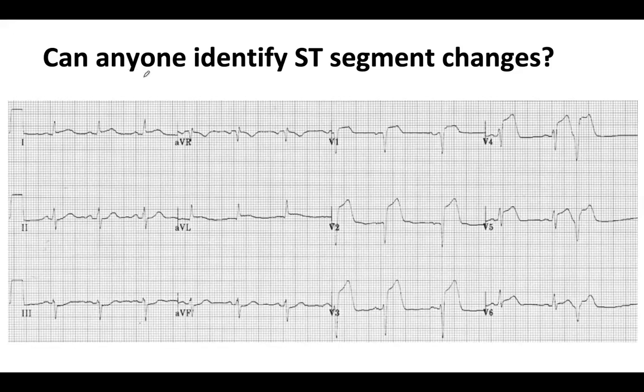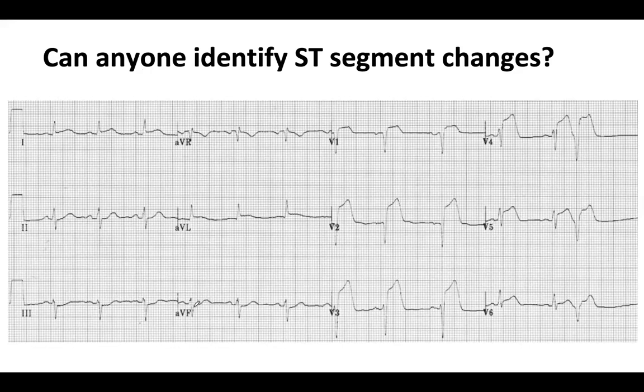So yeah, correct, there's ST elevation in V1, 2, 3, 4, 5, and 6. But interestingly, there's also reciprocal ST depression in lead 3, you can see here. So if we say the J point is around here, there's depression there, as well as AVF.